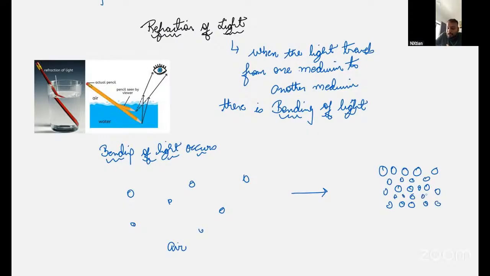Light can easily pass through air. When it comes to the water side, this is the line of separation, and when it comes into the water, the light speed will decrease because of the lots of molecules which are near to each other. Now, as the light speed decreases, there will be bending.